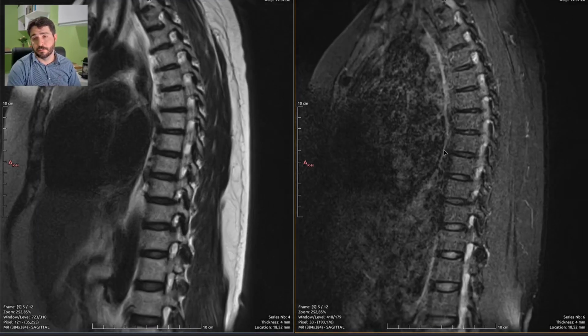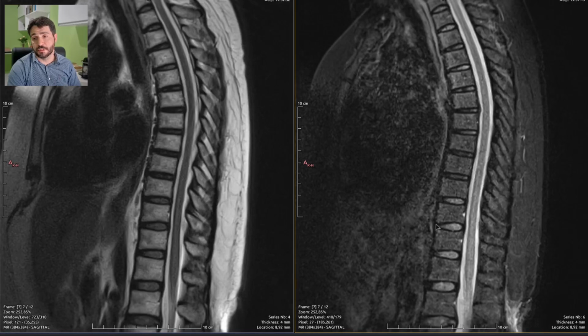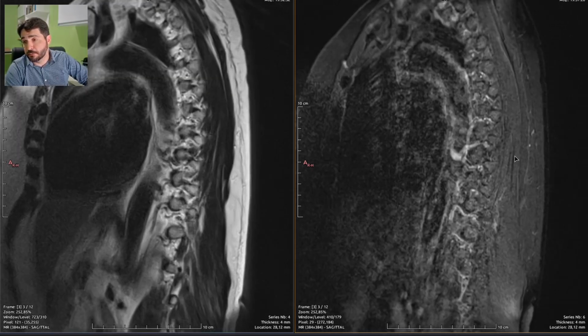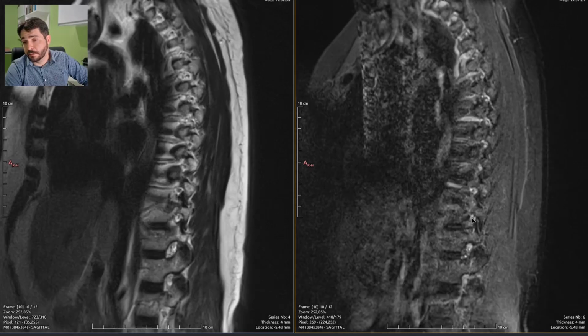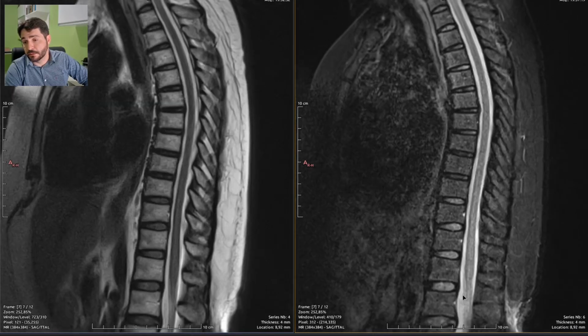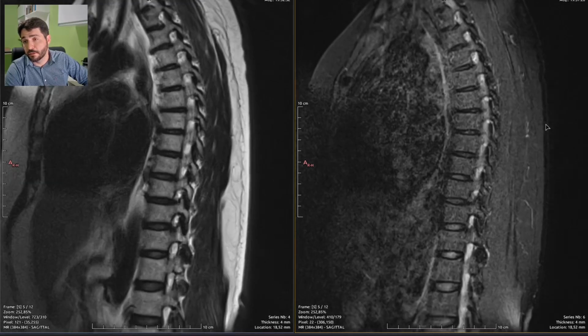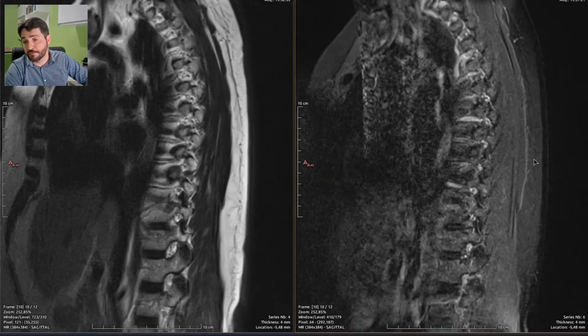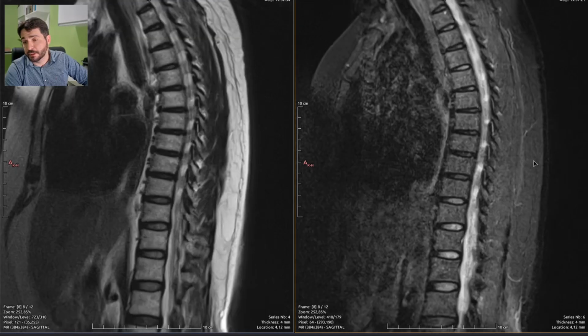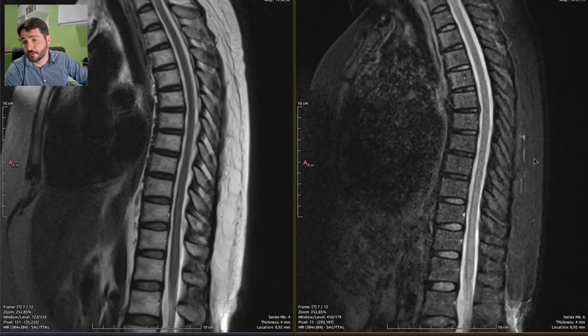Let's just throw a STIR image here. This is a T2 image that has an inversion recovery pulse to make it all dark, including fat, and the only parts that aren't black are lesions and fluid. So this is a fluid oriented image that has a fat saturation additional pulse.